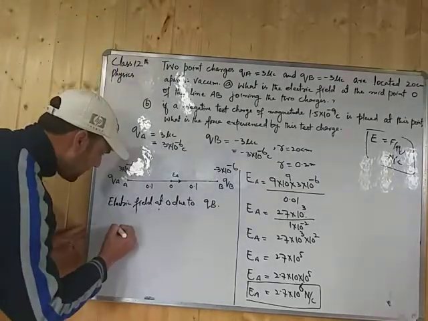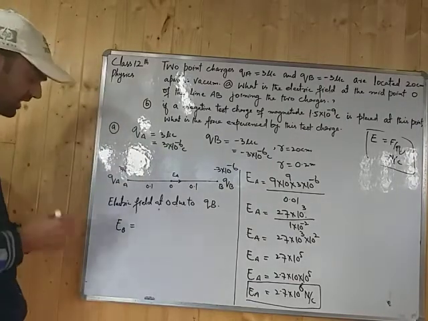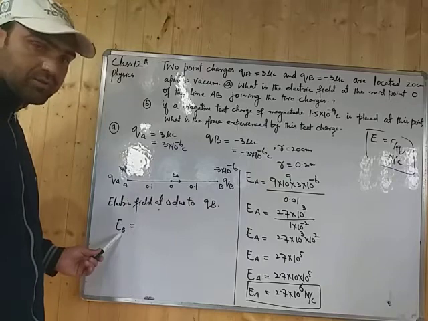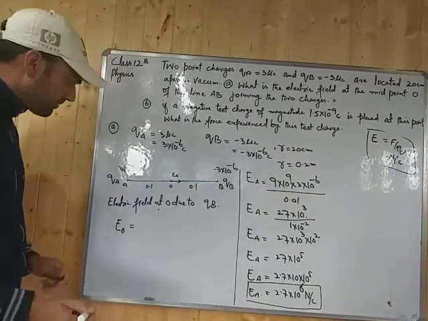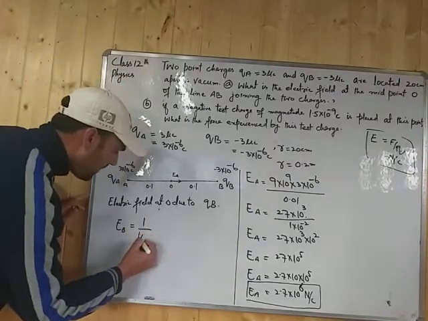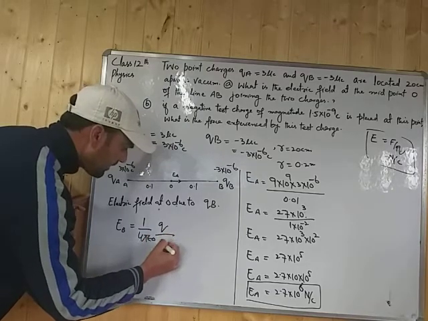EB, the electric field at point O due to the second charge, minus 3 into 10 raised to power minus 6 coulombs, is equal to 1 divided by 4 pi epsilon naught, Q divided by R square.